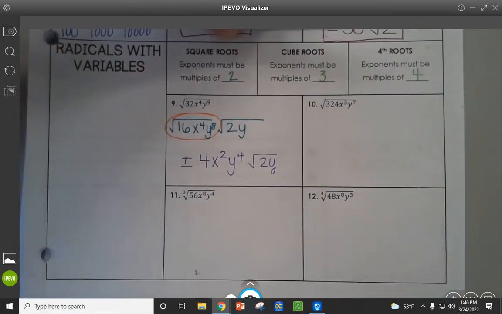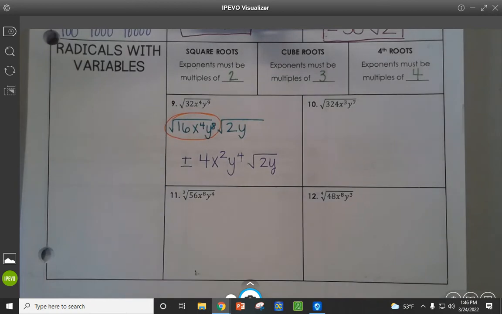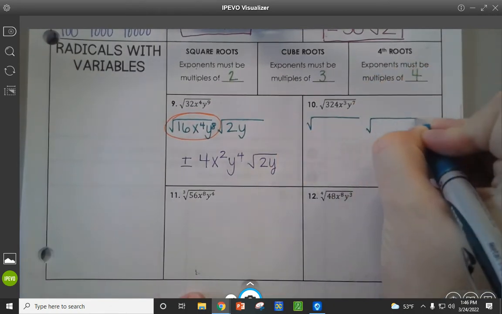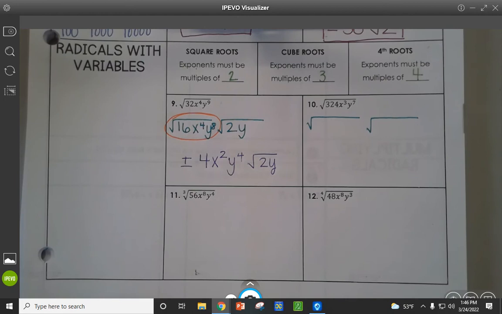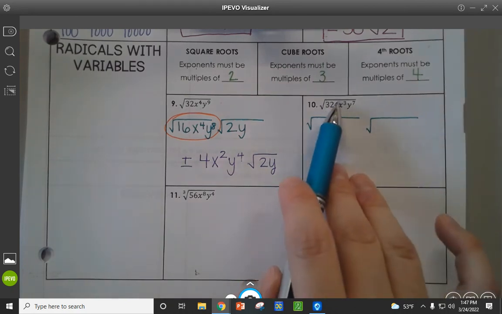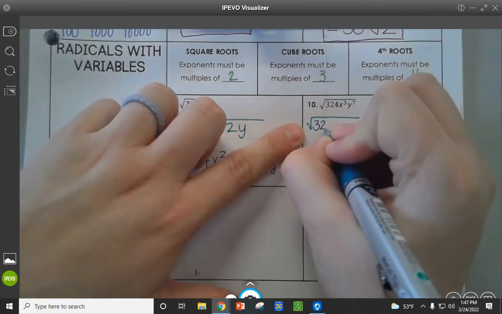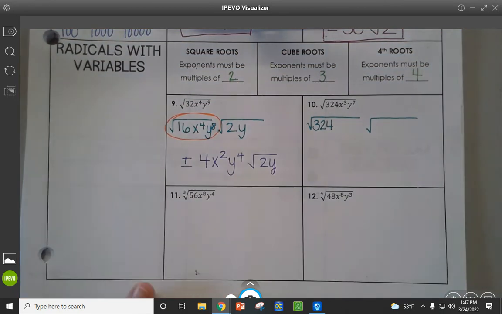All right, number 10. Got square roots. Is 324 a perfect square? It actually is. So if your number that you're starting with is a perfect square, go ahead and put the whole thing over here. You don't need to split it up.